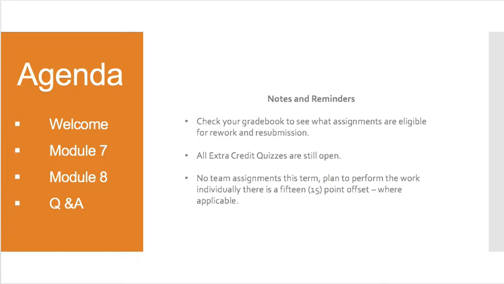So check your gradebook to see where you have any outstanding assignments or rework opportunities, resubmissions, things of that nature, and plan accordingly. Balance your time with your outstanding assignments and see if you can find a reasonable balance.